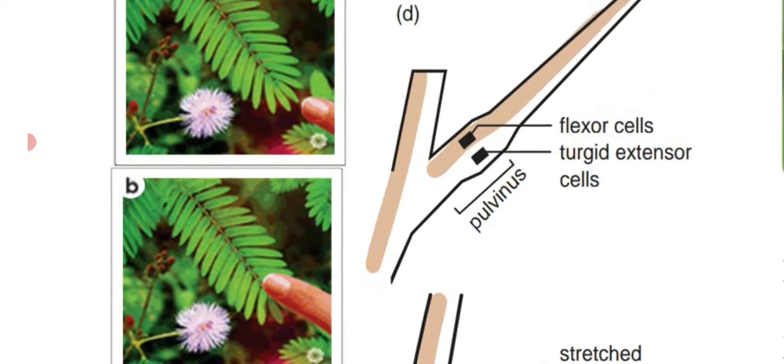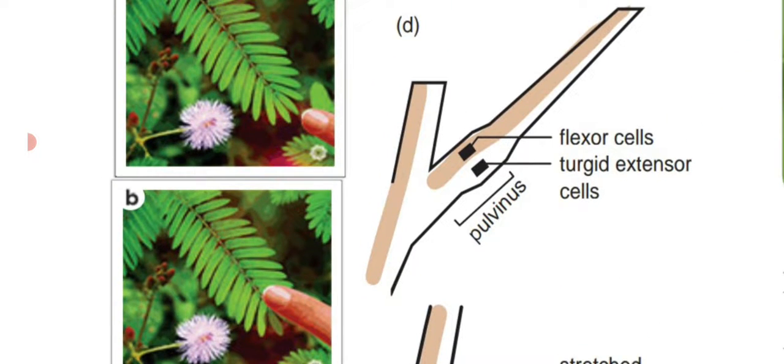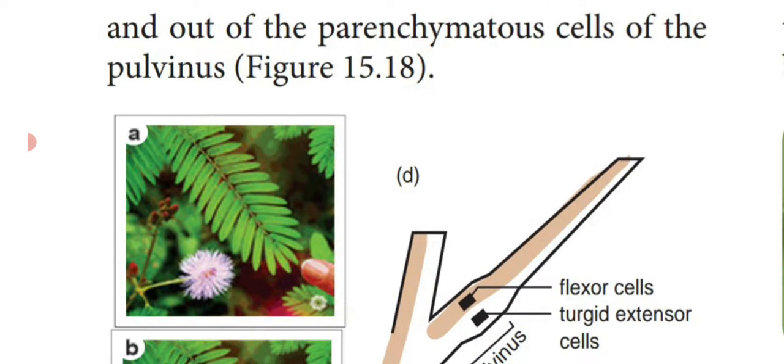But when these two cells run in the parallel way, the water circulation takes place in the pulvinus region of the leaf. It makes the leaf open. That is the seismonastic movement shown in the touch me not plant.